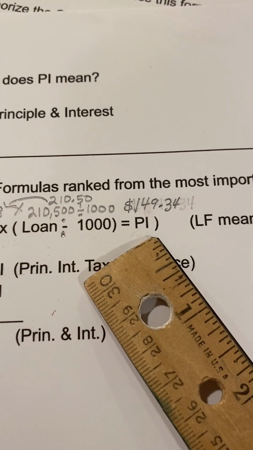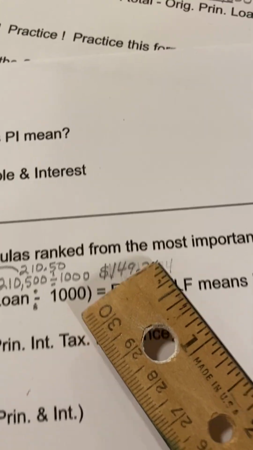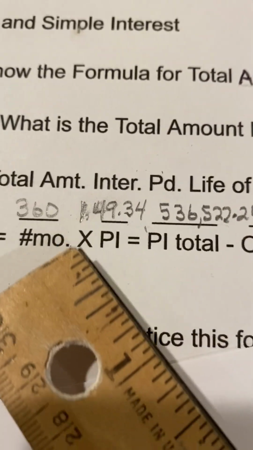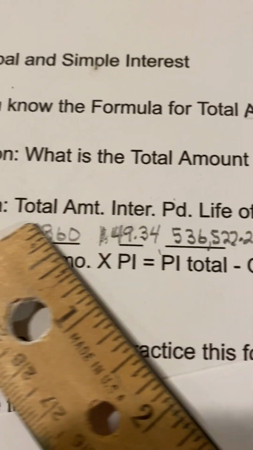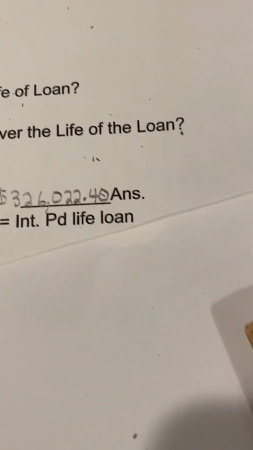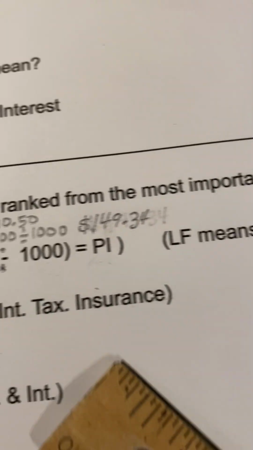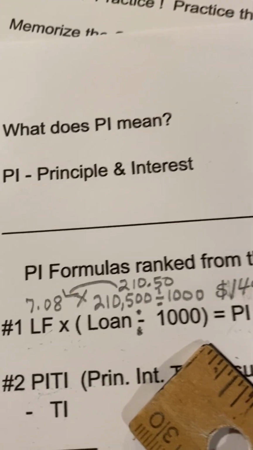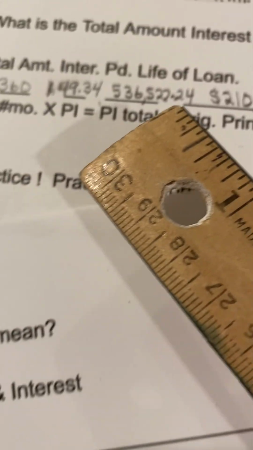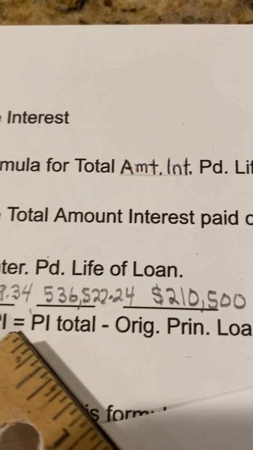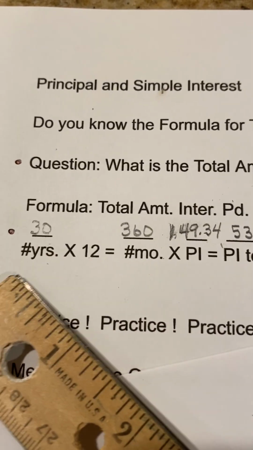You come out with the PI, it's 149.34, and you plug that into your problem, and that started the ball rolling. That is how you find the PI by this formula, and that's how you find the total amount of interest paid over the life of the loan by this formula.